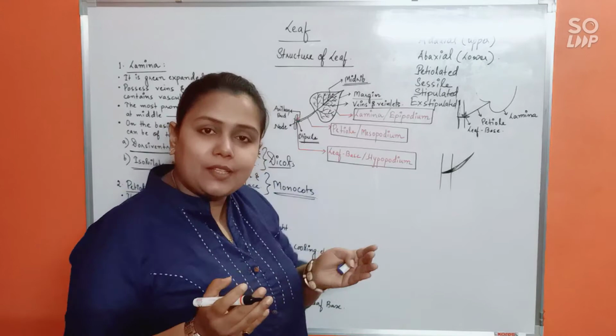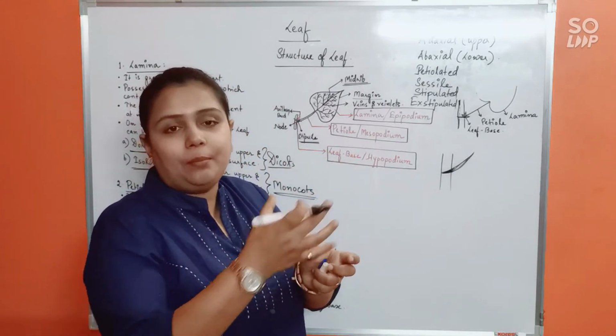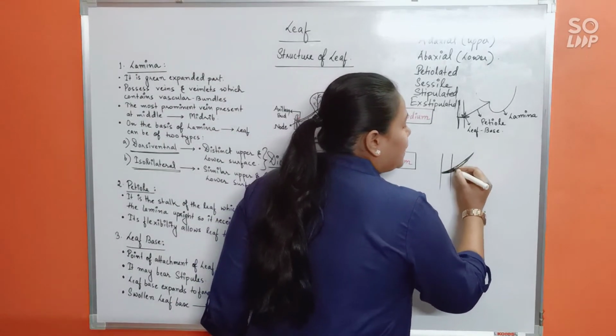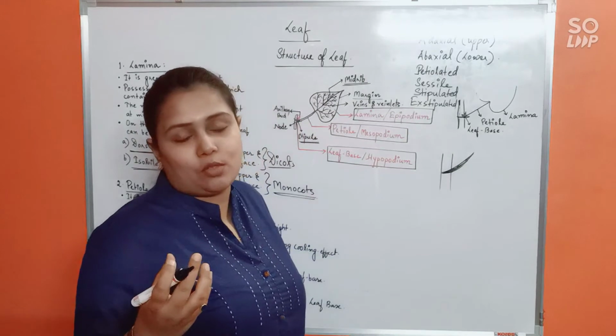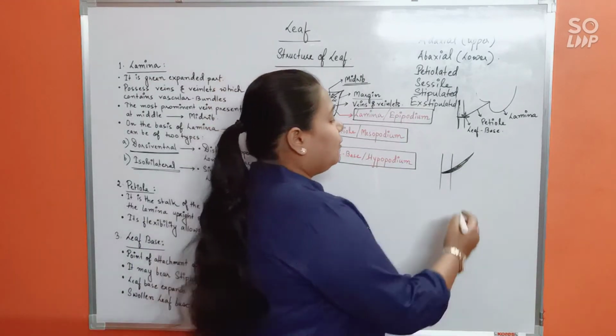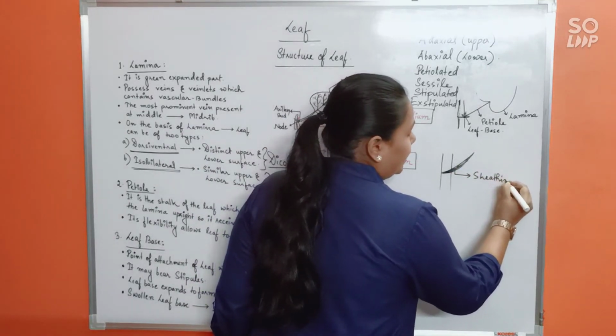It encircles the node and it will be expanding and covering the stem, and it will arise out like this. So when the leaf base will expand out and form a sheet-like structure covering the stem, then we will call it sheathing leaf base. Sheathing leaf base.